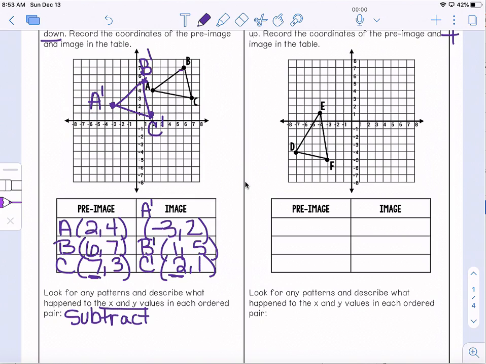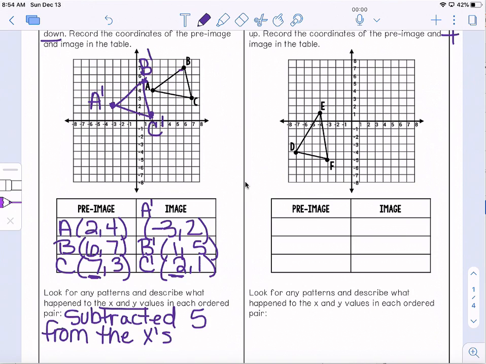You can check that on B: 6 minus 5 is 1, 7 minus 5 is 2, and up here A, 2 minus 5 gives you negative 3. So if you move left, you're subtracting that value from all of your x values. We went 5 left, so we subtracted 5 from the x's.